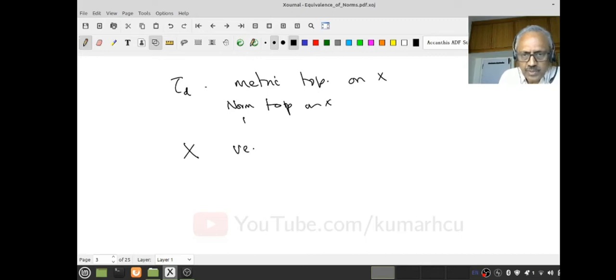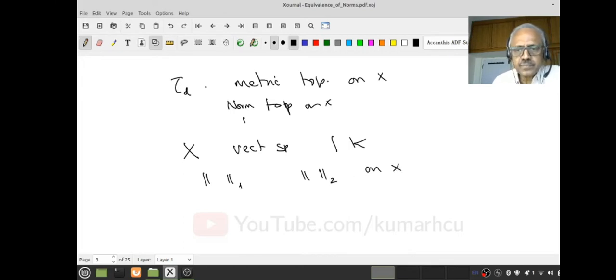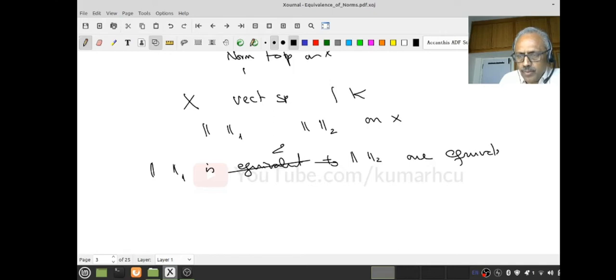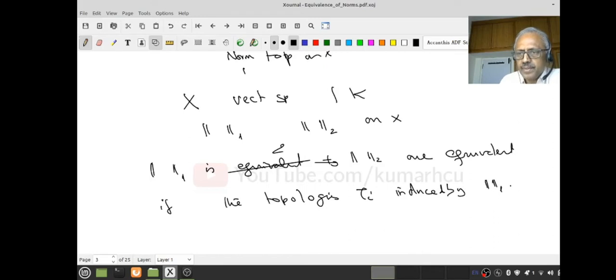Now comes a problem. Suppose I have a vector space over the field K, and suppose I have two different norms on X. I want to say these two norms on X are not the same, but equivalent, if the topologies tau i induced by the norm i, for i equal to 1, 2, are the same.